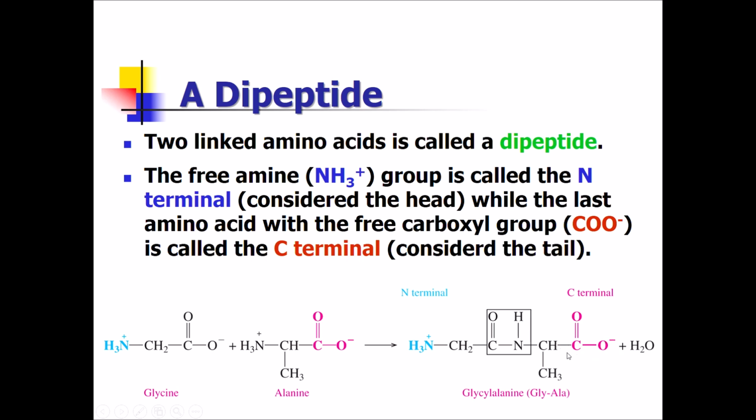The reason that's important is because when we read this particular dipeptide, we would read the N-terminal first, and then we would read it in the direction of the C-terminal. So we always go from N to C. And so this one would be glycylalanine. The first one in the order is glycine, and the second one's alanine. And so the name of this dipeptide would be glycylalanine.